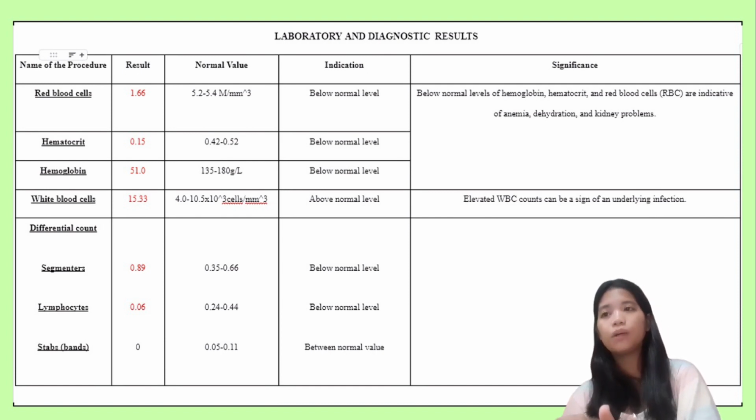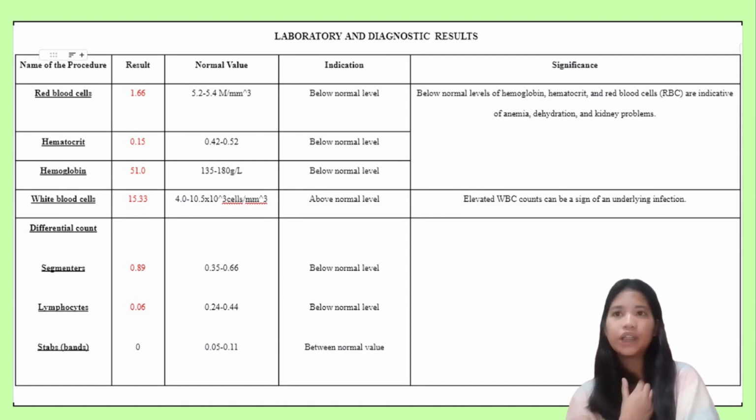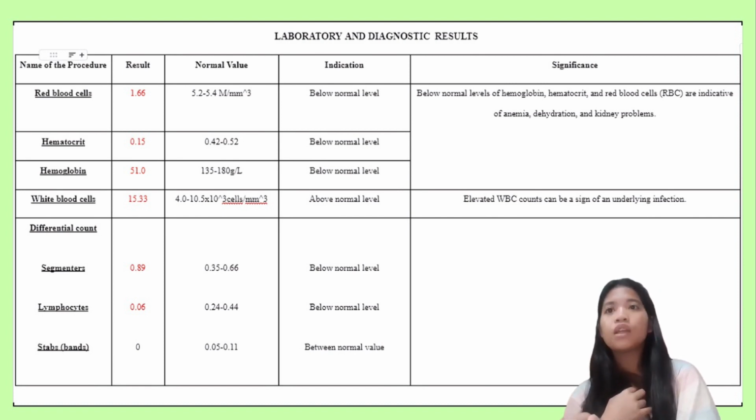So the patient is below normal level. And next is the hemoglobin. The result is 51.0 and the normal value is 135 to 180. So the patient is below normal level. And below normal levels of red blood cells, hematocrit, and hemoglobin are indicative of anemia, dehydration, and kidney problem.